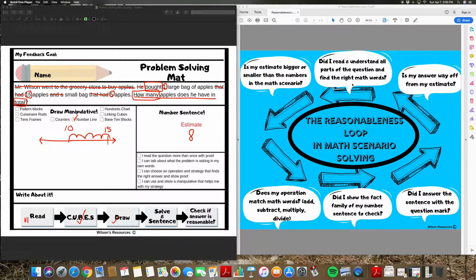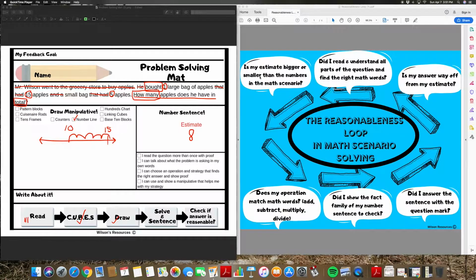To me, this is one of the most important parts, because if you didn't understand it when you were reading it, then the likelihood is that your answer probably won't be right. It won't be reasonable. So understanding it is the key. And finding those math words is really going to help you with your operation and what you're going to do. Then we shift over this way to, is my estimate bigger or smaller than the numbers in the math scenario?